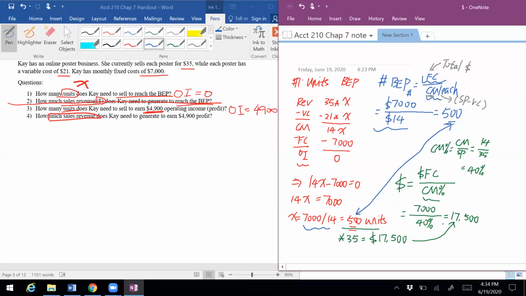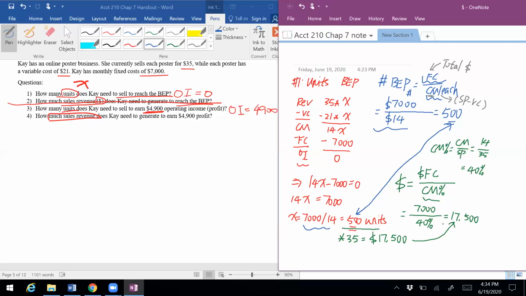When your total revenue is $17,500, you thought you earn money, but actually you don't earn anything, because all of it goes to cover your variable cost and your fixed cost. So in that moment, your operating income is actually zero.